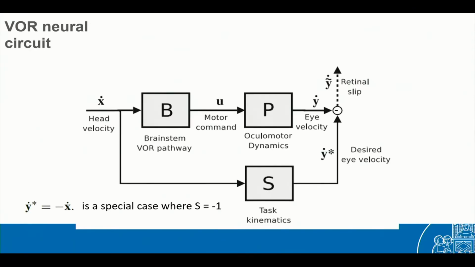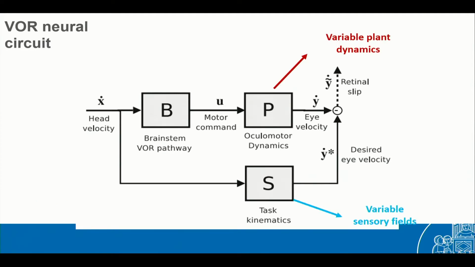If we start from a simple feedback controller where we have a brainstem at the beginning which sends output to the oculomotor plant, what we see is that there could be variable plant dynamics but also variability in the sensory feedback.